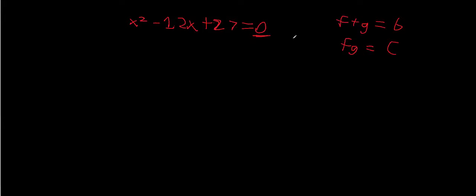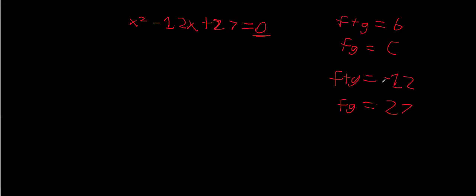So basically what you need to do for this factoring is find out what f and g are. So f plus g equals negative 12, and f times g equals 27. And then you would need to find the two numbers that f and g represent that, when added together, equal negative 12, and when multiplied together are 27.